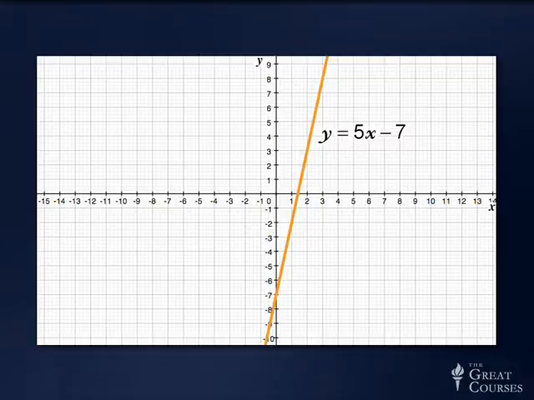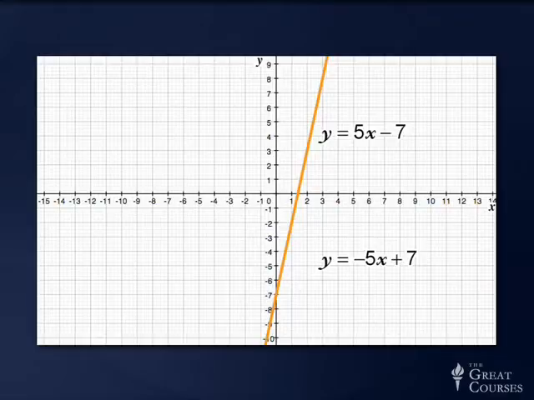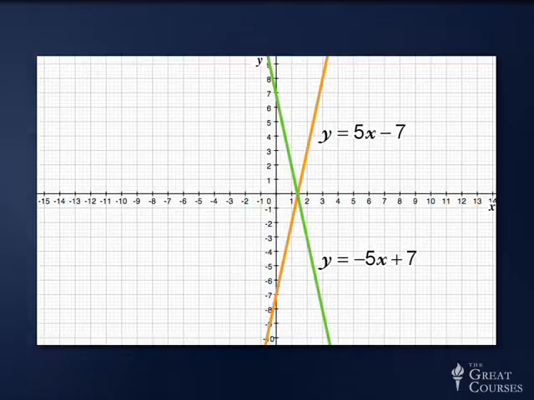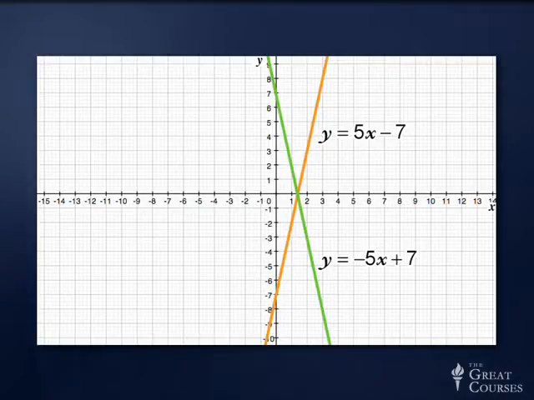If I wanted to then look at the graph of y equals negative the quantity 5x minus 7, which of course is the same as y equals negative 5x plus 7, then all I have to do is take the line we started with a moment ago and flip it across the x-axis. And immediately I would have the graph of y equals negative 5x plus 7, because that's the same as y equals the negative of the quantity 5x minus 7.